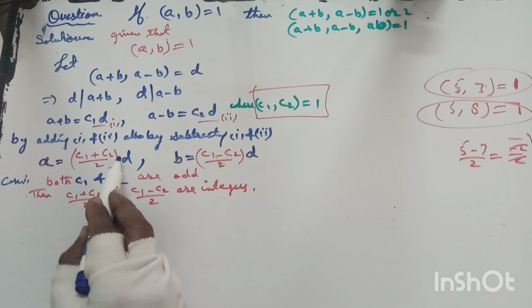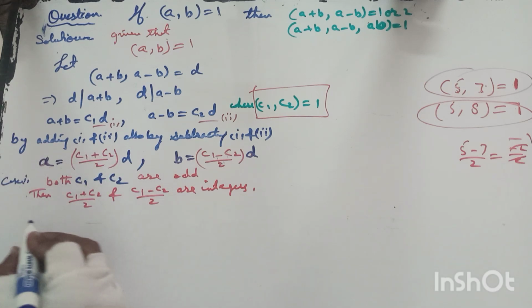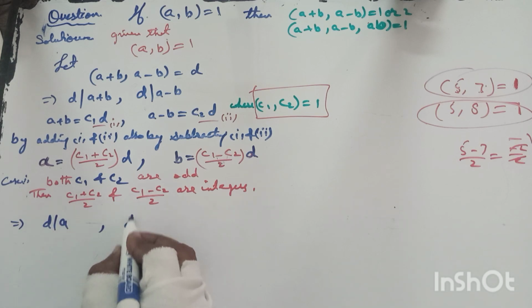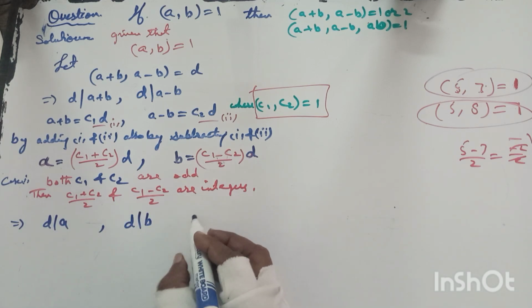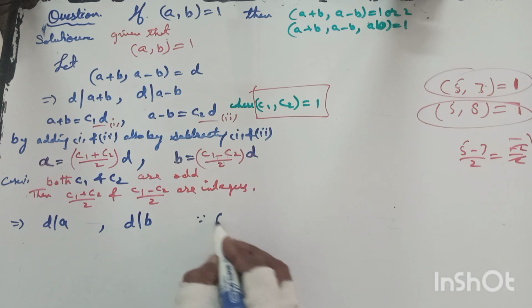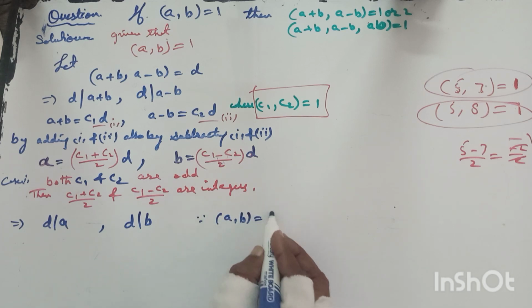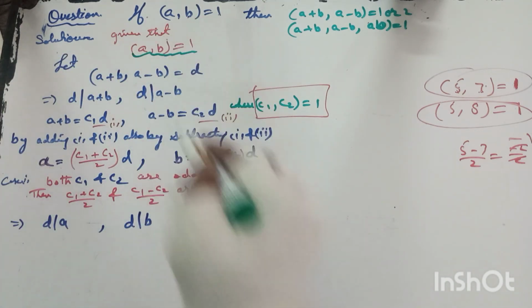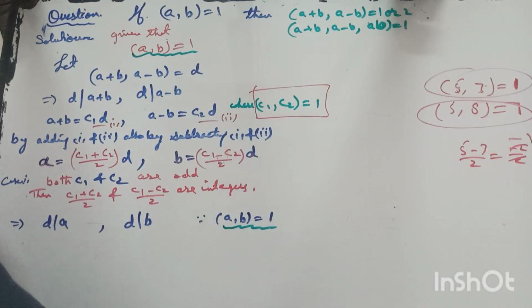So these both are factors of A, which implies D divides A and D divides B. And because A and B are relatively prime, what does it mean?